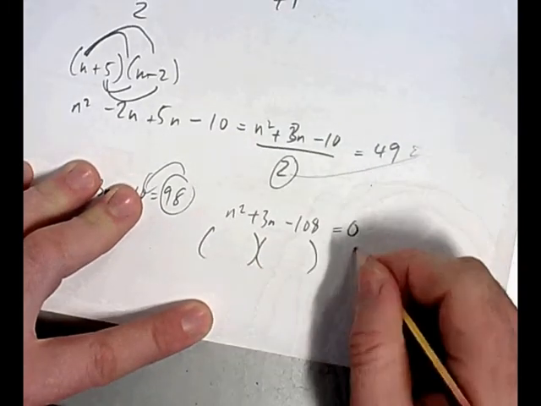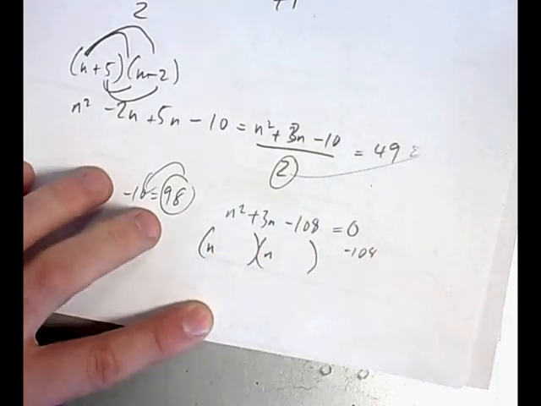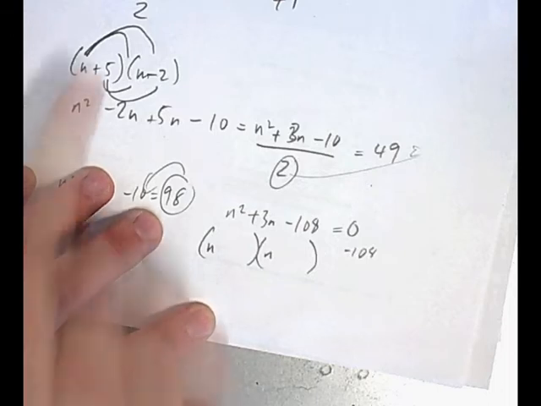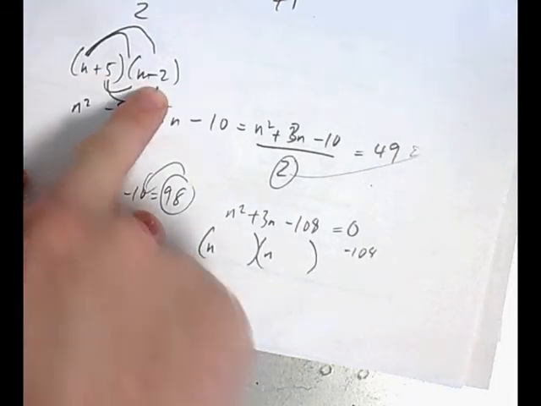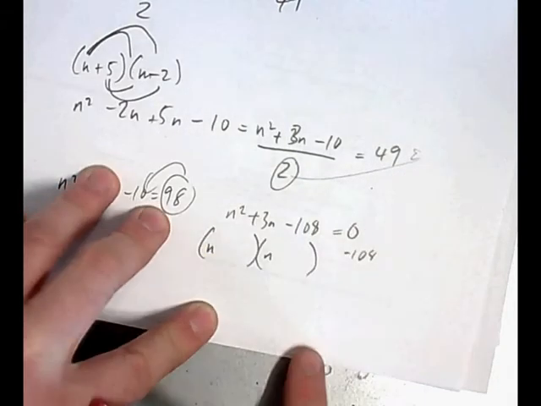So I'm going to find the factors of 108. I've got n in here and n in here because I need to make n squared. Okay, so it's going to go back to something like this, but obviously we've changed the equation by multiplying by 2 and bringing it to this side.